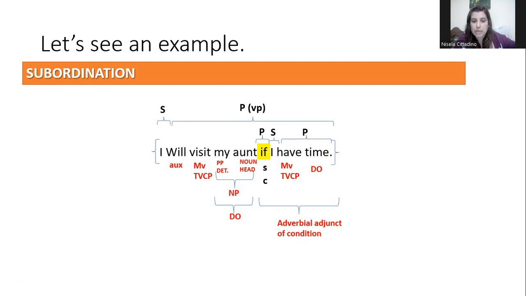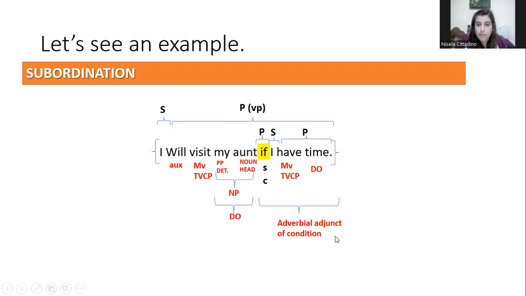So we're going to split it: if is the subordinating conjunction, I is the subject, have time is the predicate. Have is the main verb, and it's also a transitive verb of complete predication, and time is the direct object. All of this, if I have time, functions as an adverbial adjunct of condition. Let me give you a definition of that, although we are not going to consider it so deeply.